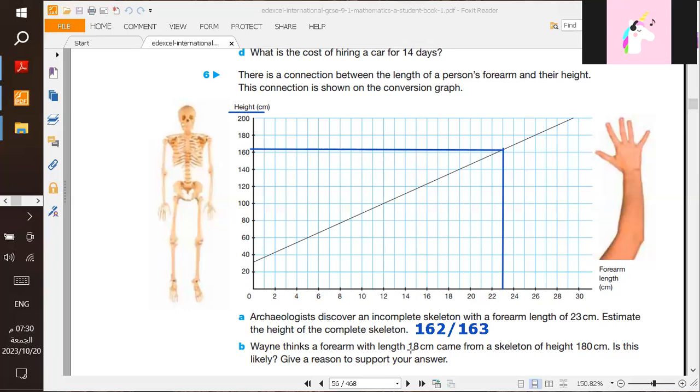So 18 centimeters forearm. So it's here. We're going to find out what's the height of the skeleton. So we're going to come here. I'm going to stop here. And then we're going to go from here. So it's basically 130 something.